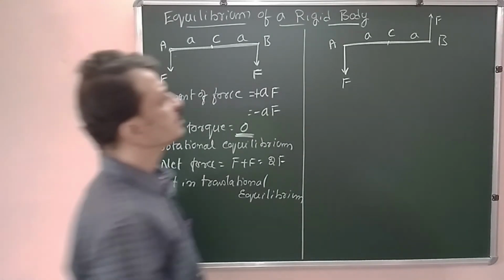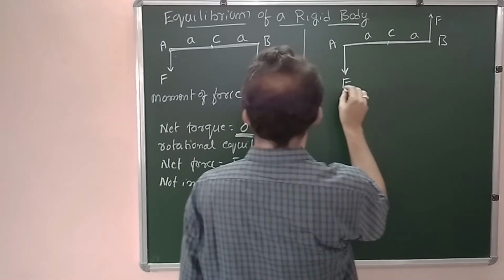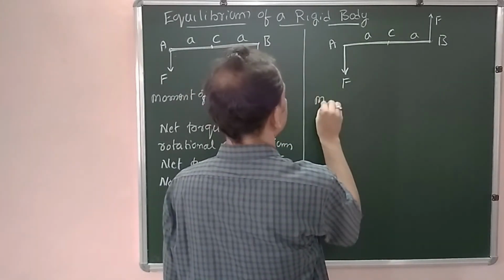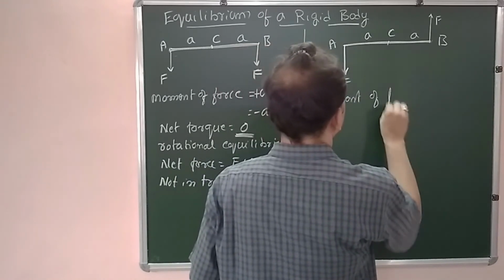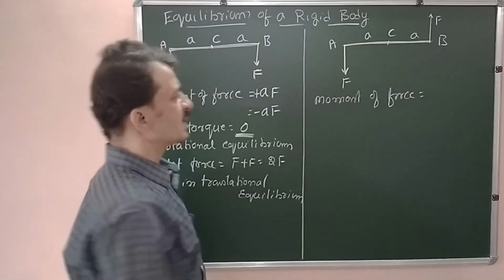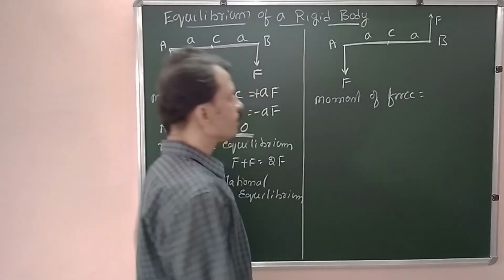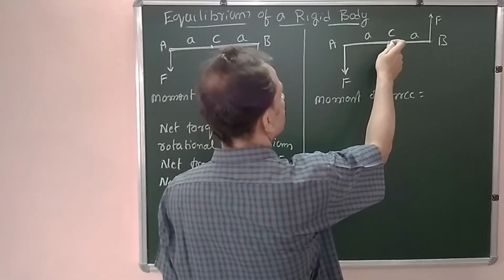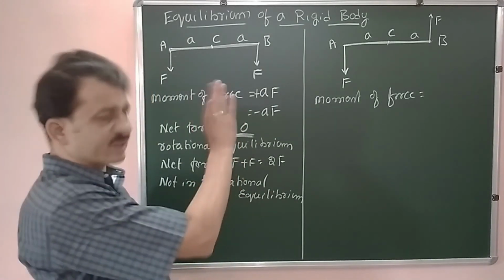Now what will happen here? If you calculate the moment of force, or torque, due to the force at A, now assume that there is no force at B. We are calculating the moment of force with respect to the point C. That means it is not fixed.